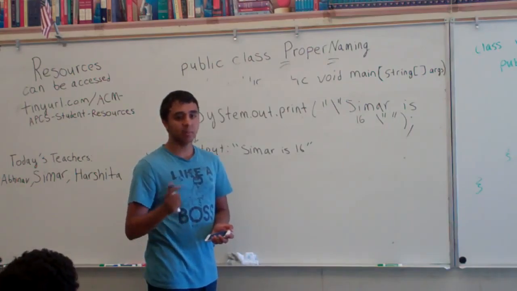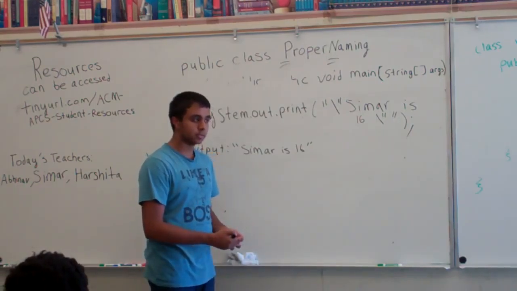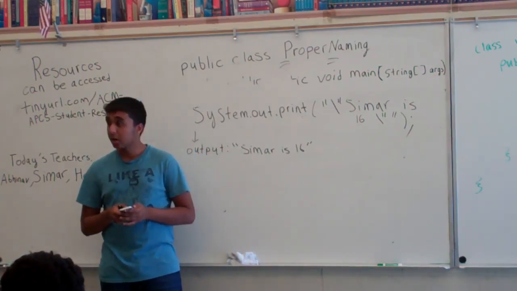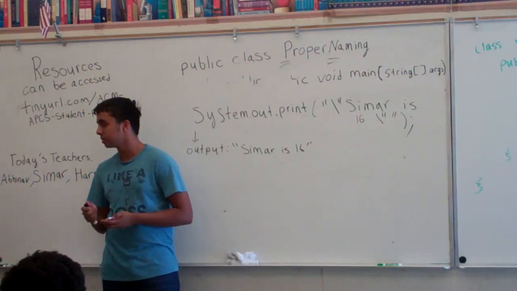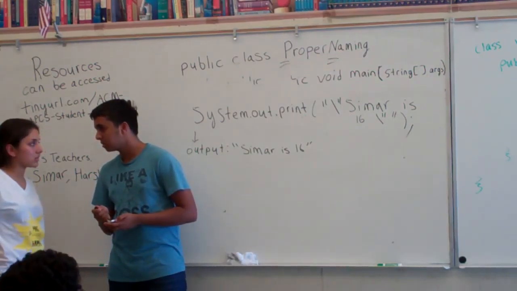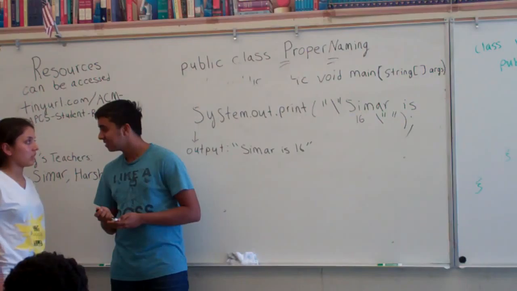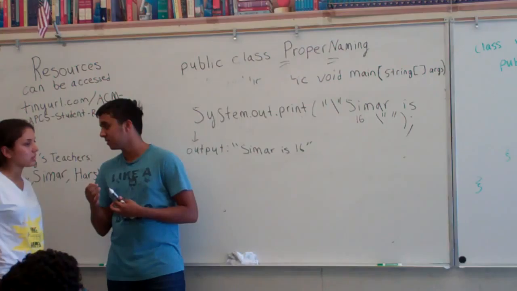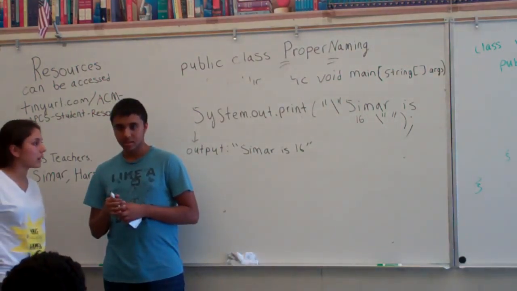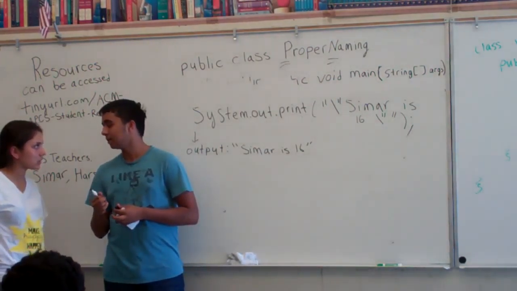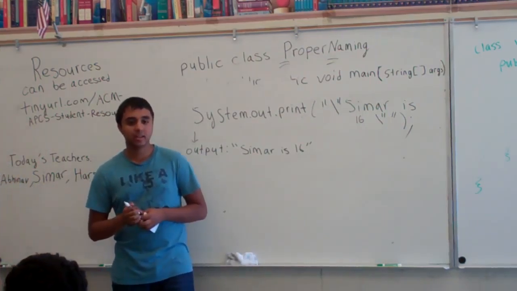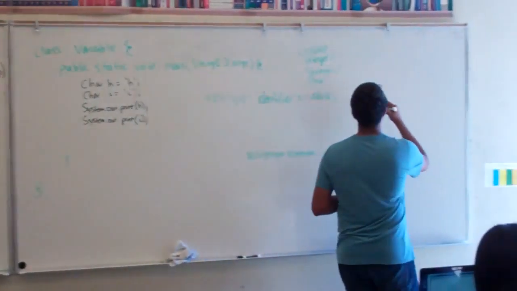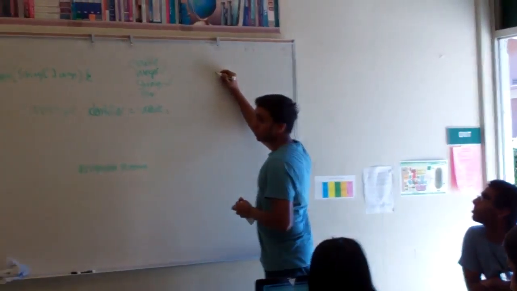So just write, my name is this, my age is this. When you guys are done with that, I want you to do the following activity, right? I want you to print a square.